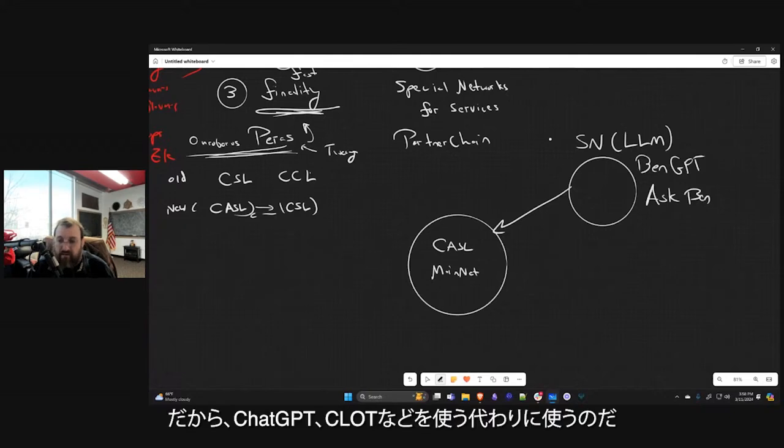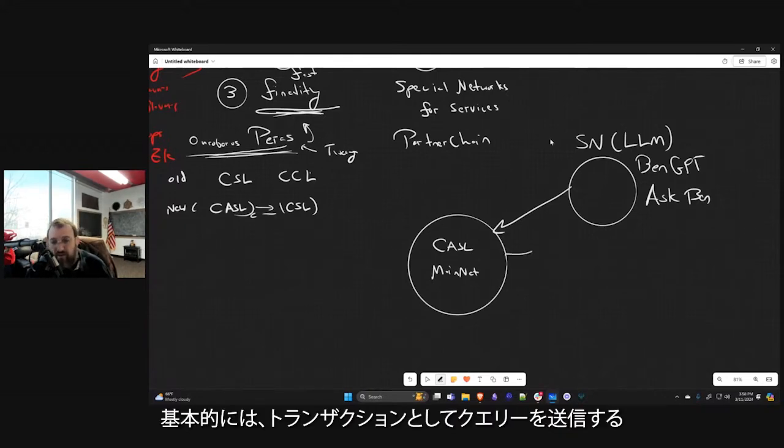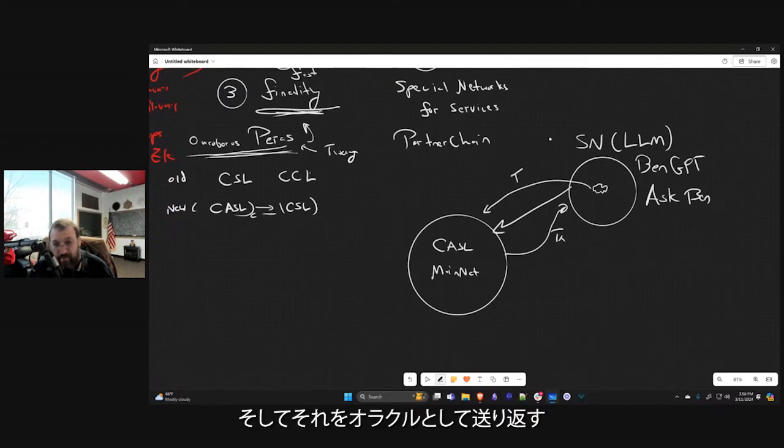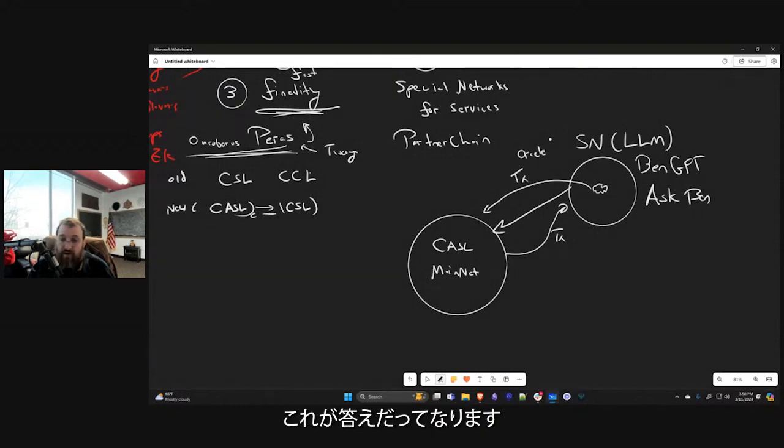All right. So instead of using ChatGPT or Claude or something like that, basically what you do, you would send a query as a transaction. It would process and do some thinking. And the brain here would be like, oh, yes, I have an answer for you, and send it back as an oracle. Be like, yes, here's the answer to your question.